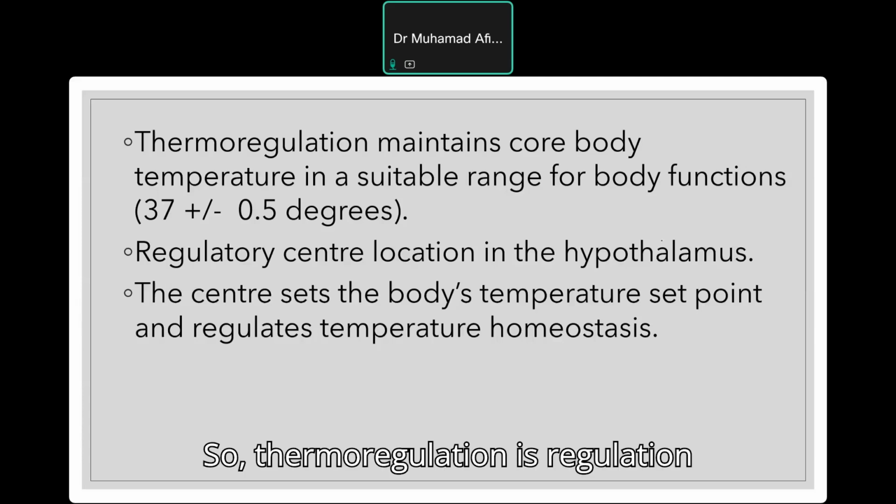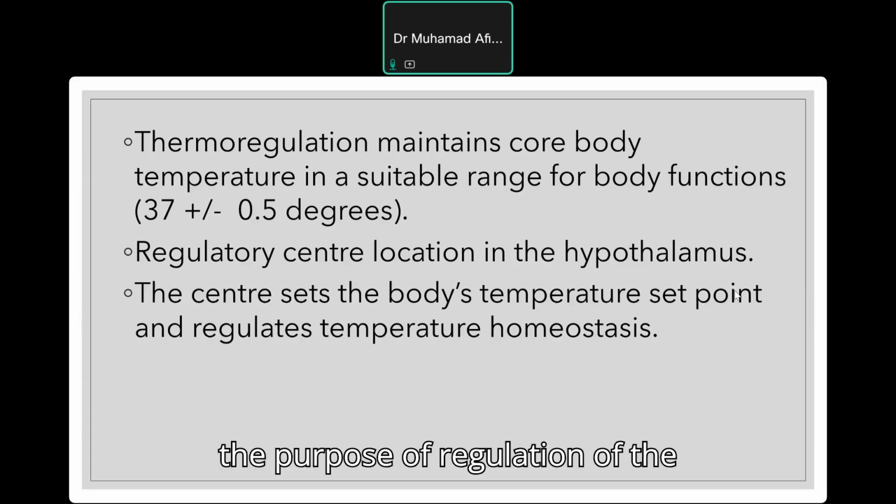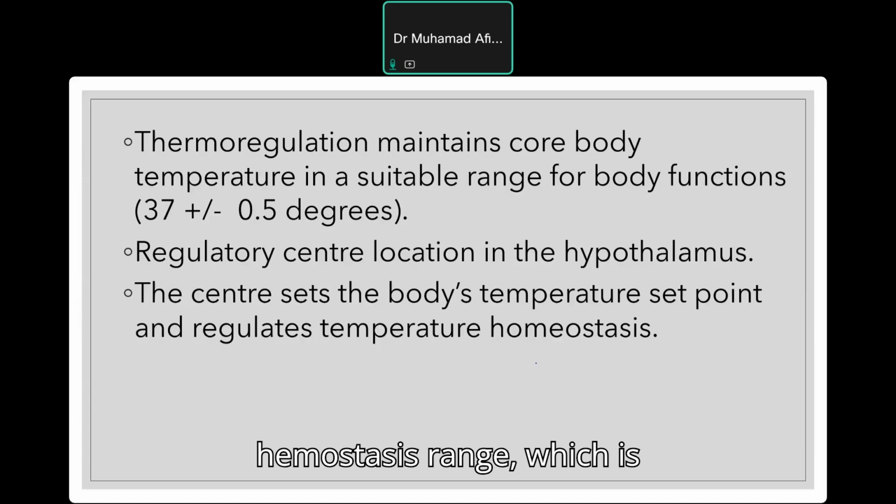Thermoregulation is regulation of the temperature. The purpose of regulation of the temperature is to maintain our core body temperature in a homeostasis range, which is 37 plus minus 0.5 degrees Celsius.